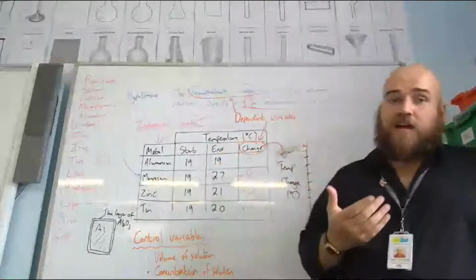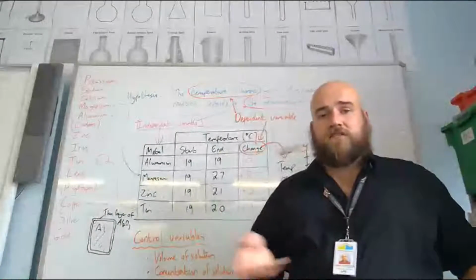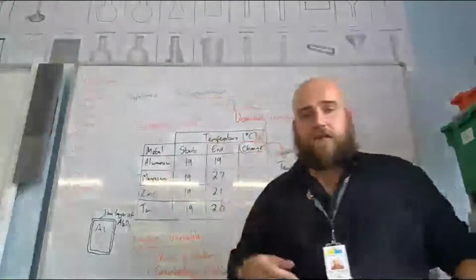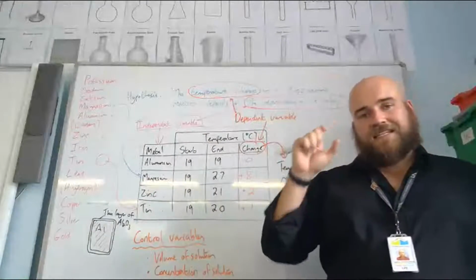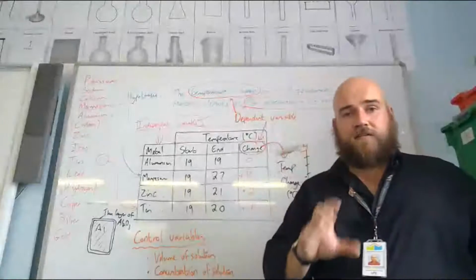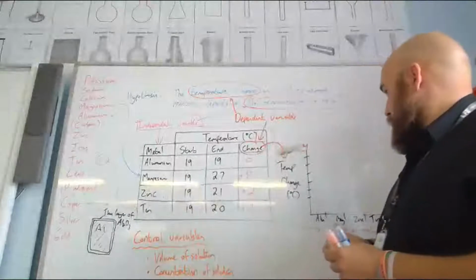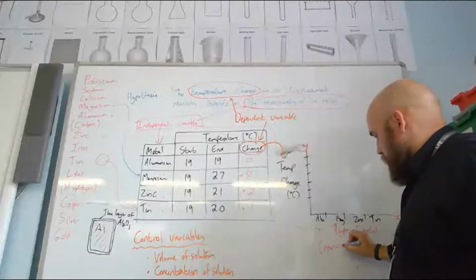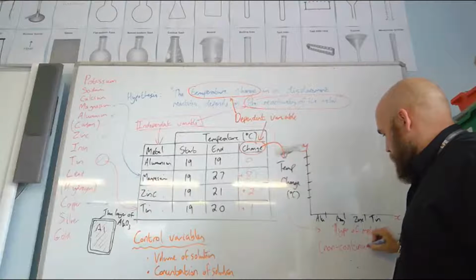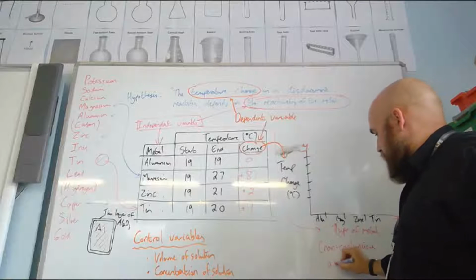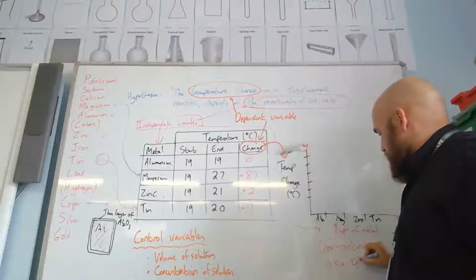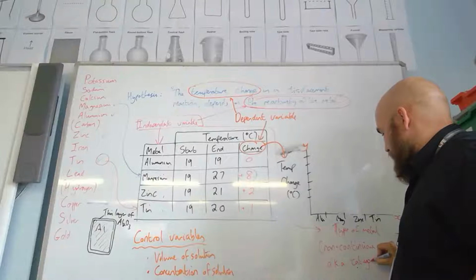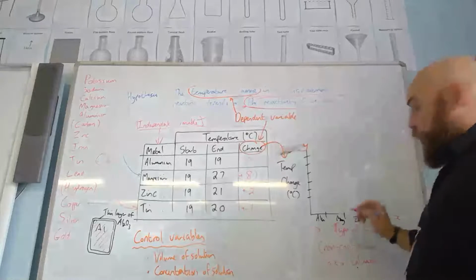If it was shoe size, for example, size 11, size 12, size 13 and a half, you would say it is continuous because you're using numerical data. So because type of metal is non-continuous, or you might sometimes call it categoric, as in it's described by categories, you always do a bar chart.